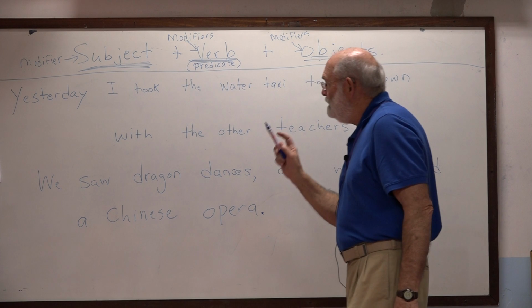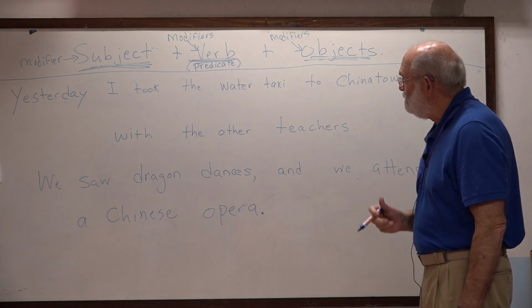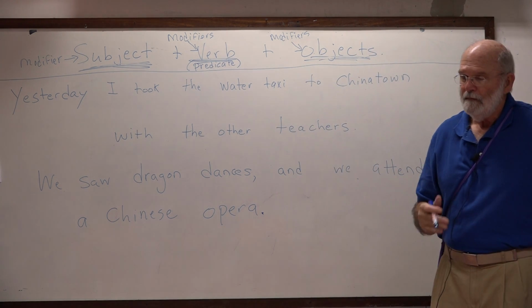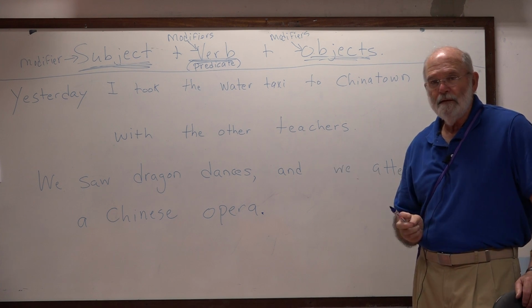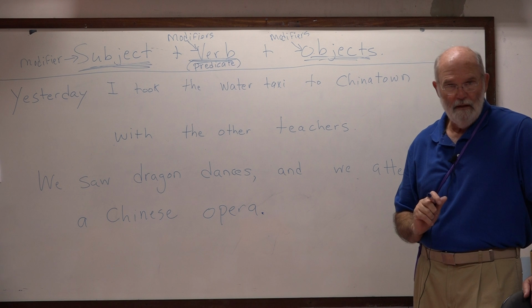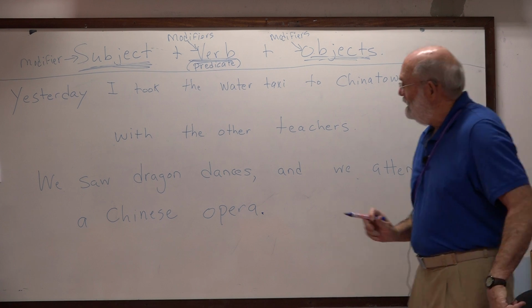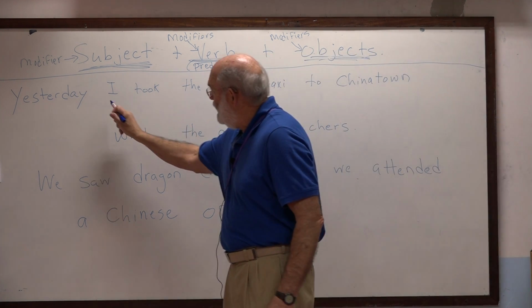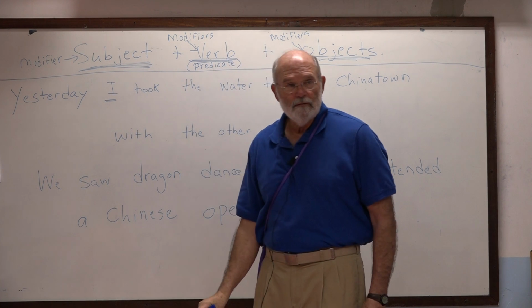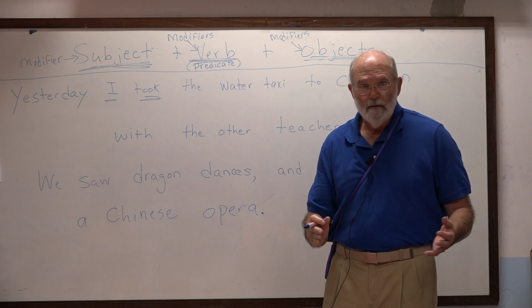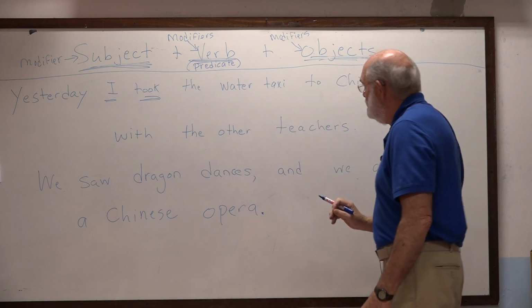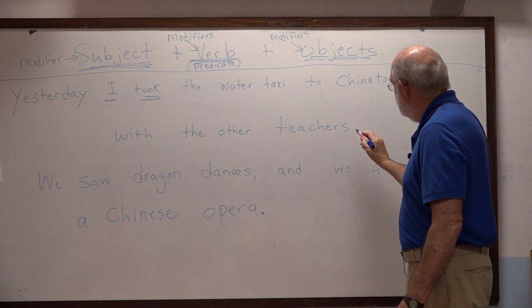Here's an example. This happened yesterday. Yesterday, the other teachers and I, we went to the celebration in Chinatown last night. So, yesterday, that's the subject of the sentence. I took, meaning I rode, I took the water taxi to Chinatown with the other teachers.